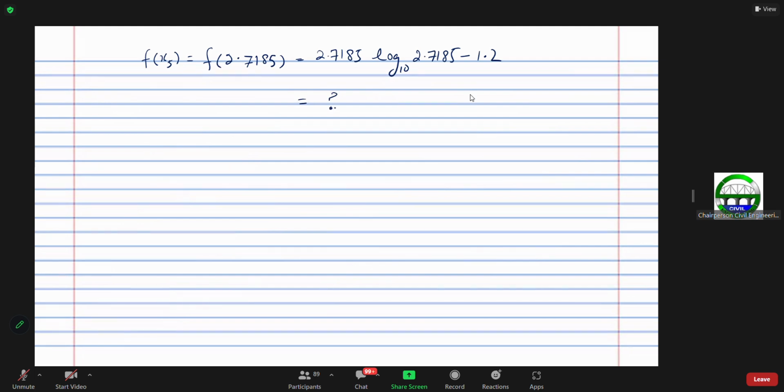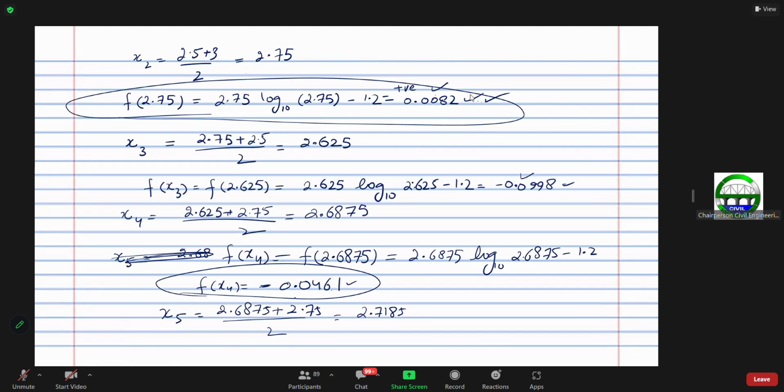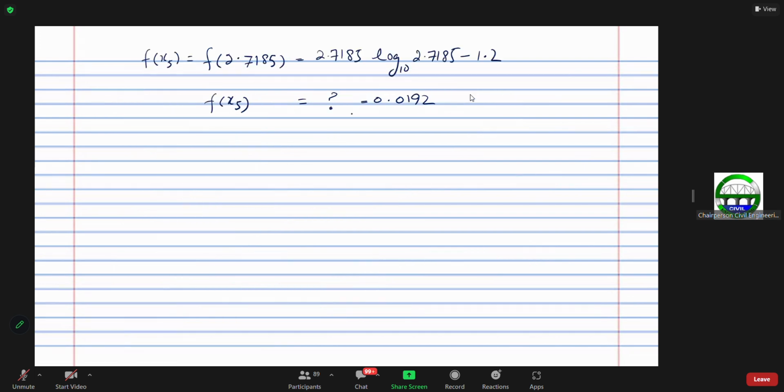And the value is minus 0.0192. This is f of x5. So it is negative, and then let's see where the positive is. It was also negative, also negative, and here.